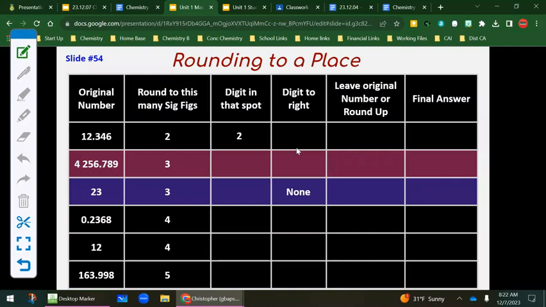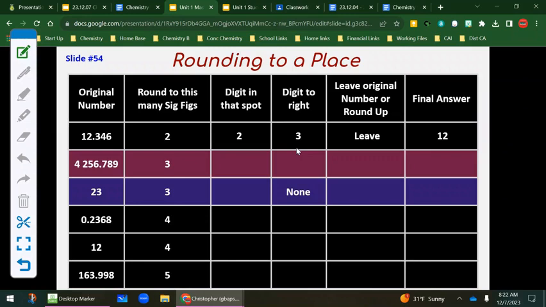If it's 0. That's the only time. So you've got to find a non-zero number and you start counting there. All right. What is the digit that is after the 2? 3. So are we going to leave that 2 or are we going to move it up to be a 3? We're going to leave it. So what's our final answer? 12. That's it. 12. Okay?